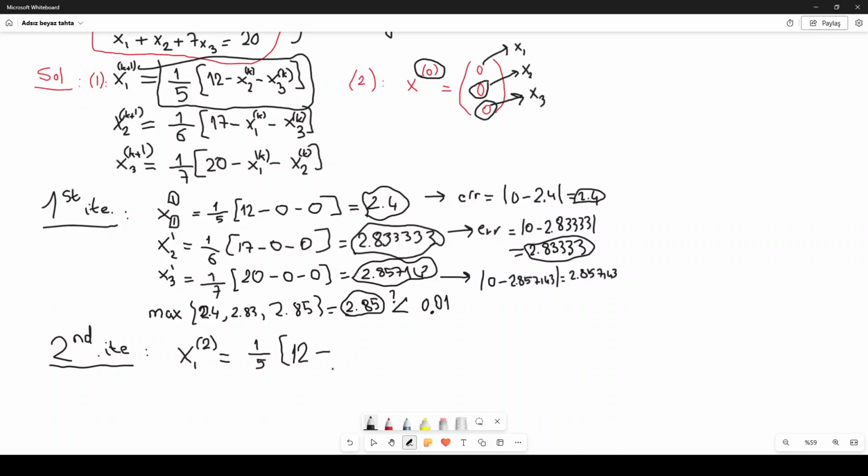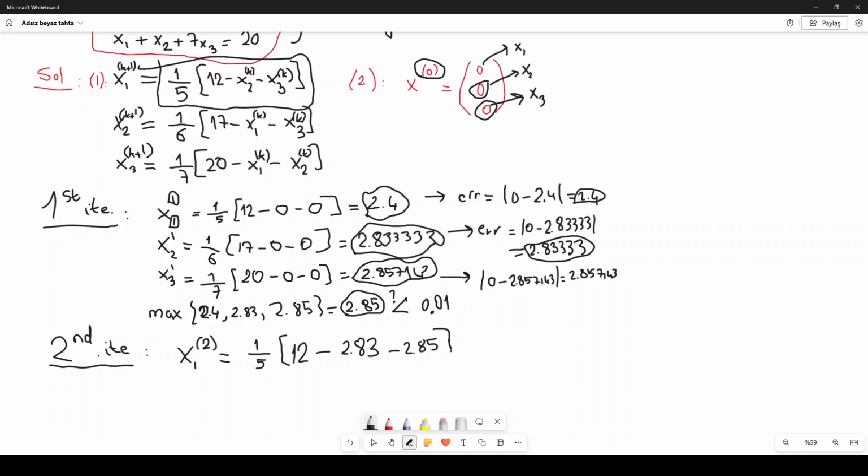At this time, I will use the most up-to-date values. So the values that I found at the end of the first iteration, I will not use the values that I took initially. Alright, so this time I get what? For x2 I get 2.83. I just keep it short, you can write it longer. And for x3 I get 2.85.